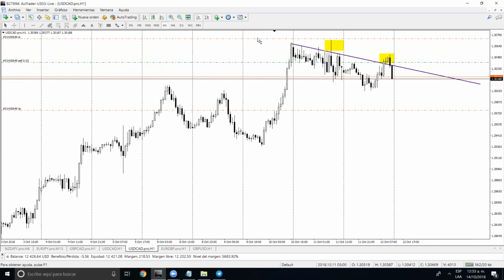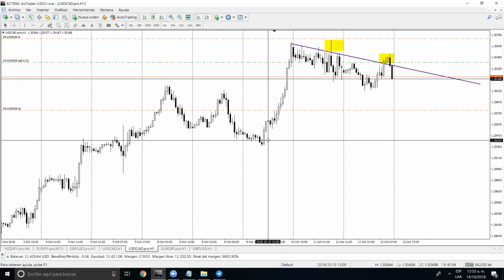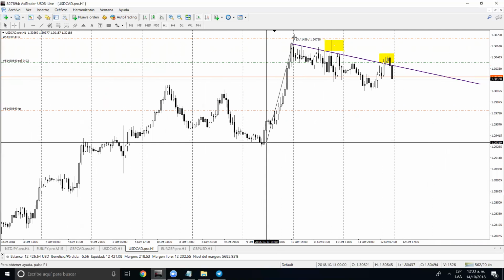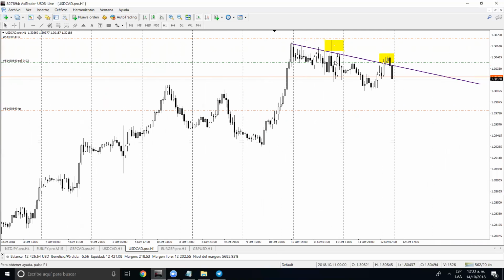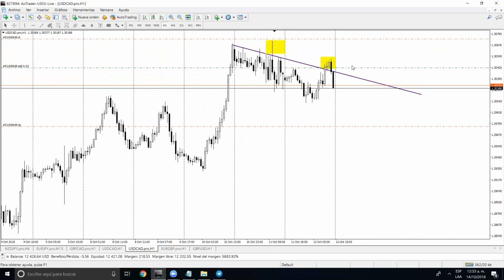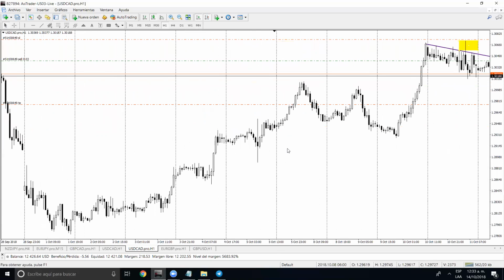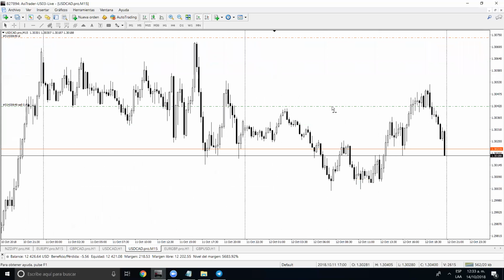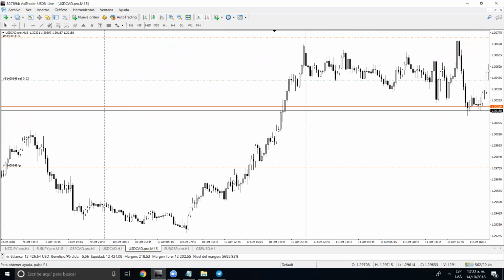When they make this move, they put the money here, but they need to rescue this money after. Okay? They make a false move like this one. Like I explained before, sometimes they put money here. They are not going to just put their money here.